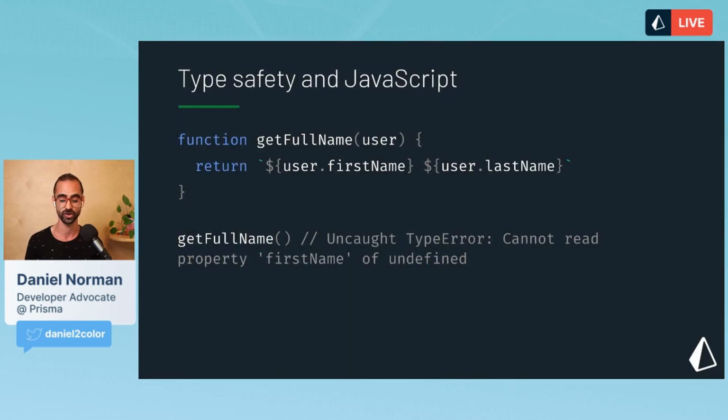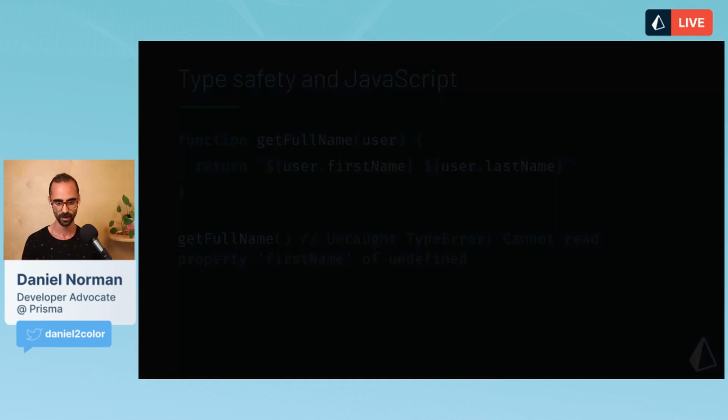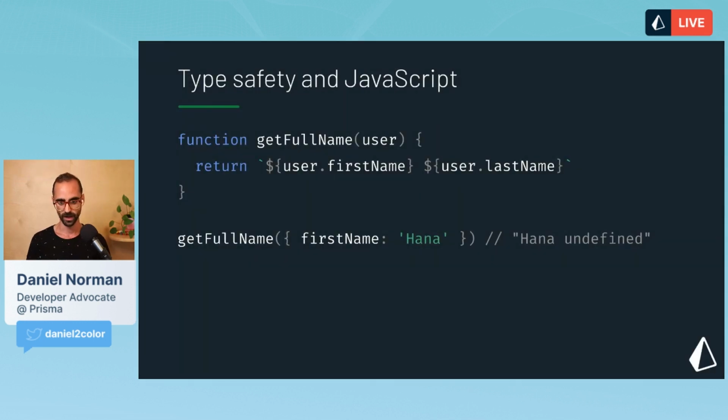For example, if you just call it without passing anything in, you will get an uncaught type error. The main problem here is that you will only detect this type error by actually running the code, meaning that you'll only detect this at the runtime of the code. Now, if you pass an object that doesn't have one of the fields expected by the function, JavaScript won't even throw an error. Instead, it will convert this undefined to a string.